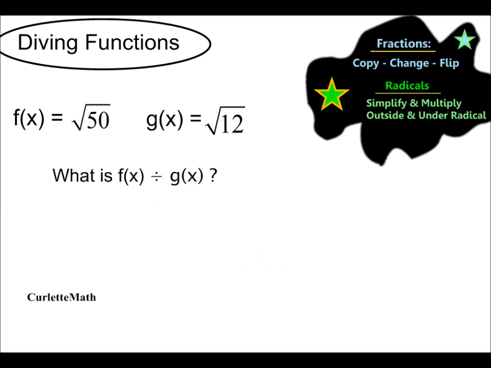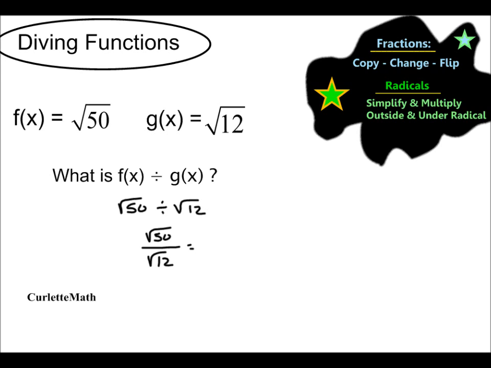What happens, though, when we don't have such nice square roots? That won't simply cancel out. Well, let's look at that. That would be the square root of 50 divided by the square root of 12, which is the square root of 50 over the square root of 12.